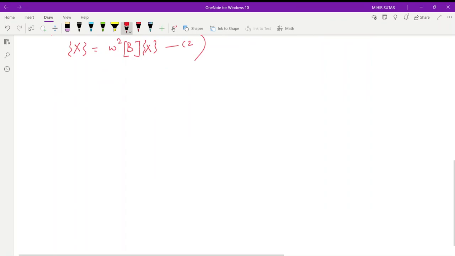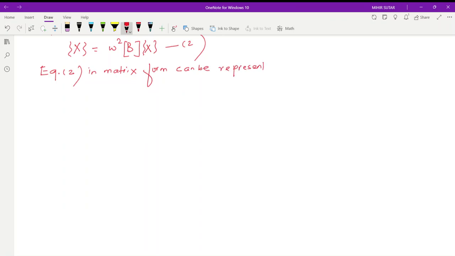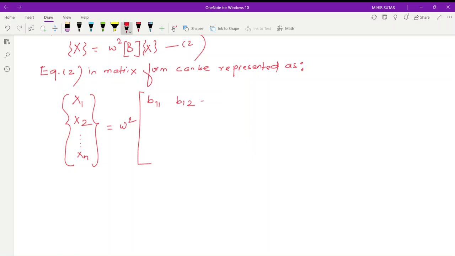Now, this equation 2 in matrix form can be represented as x1, x2 up to let us say xn, okay, is equal to omega square into the B matrix having components B11, B12, let us say up to nth value B1n.